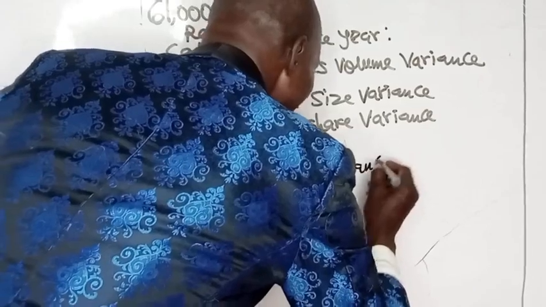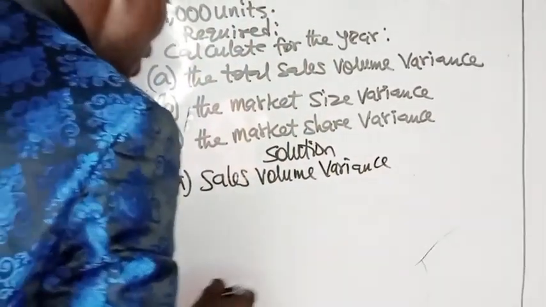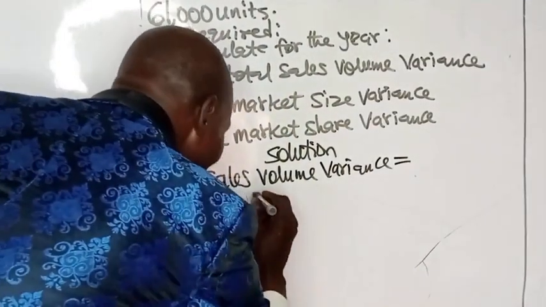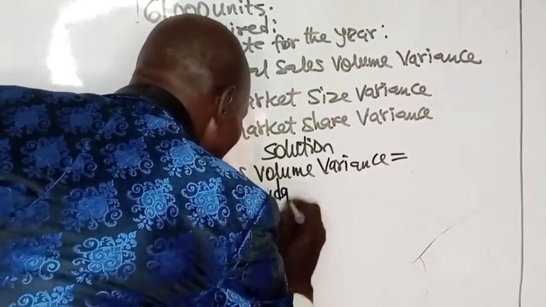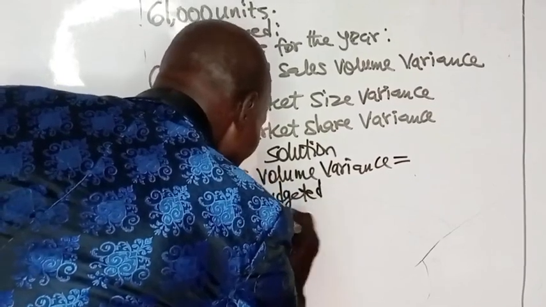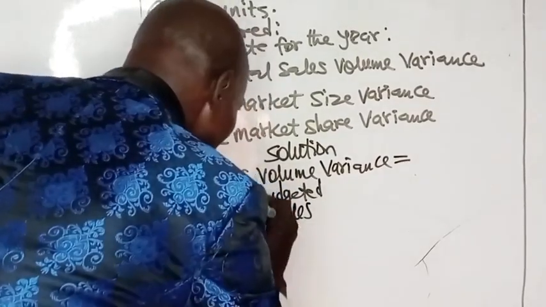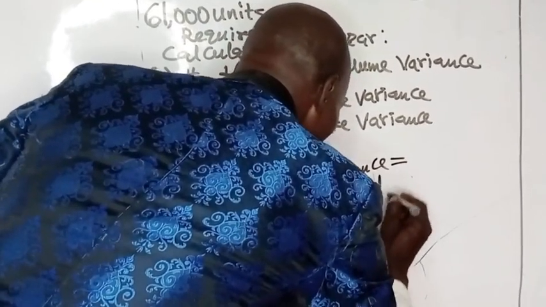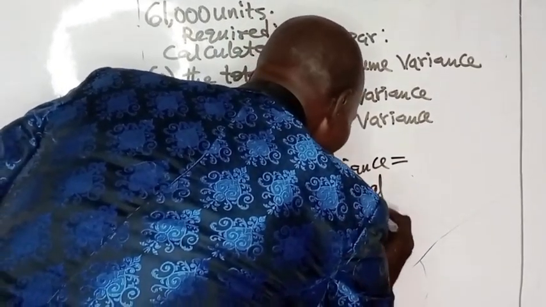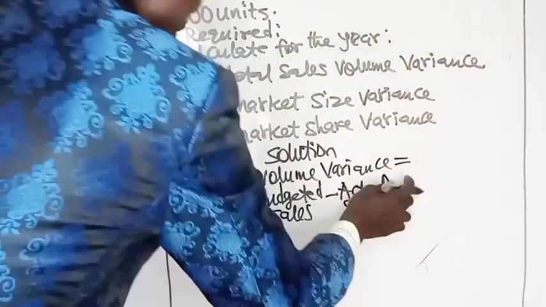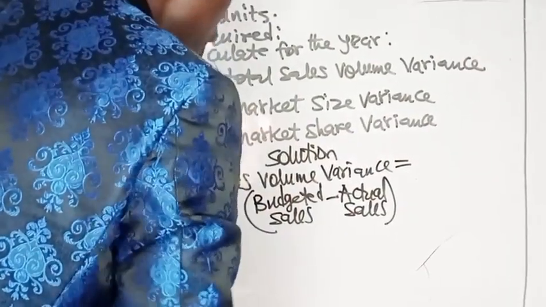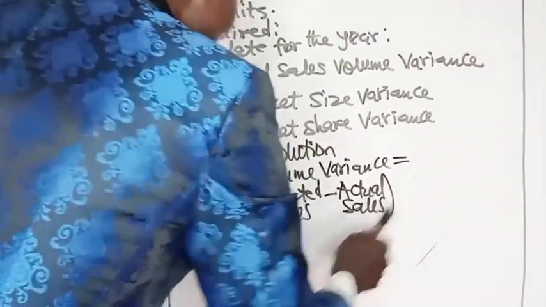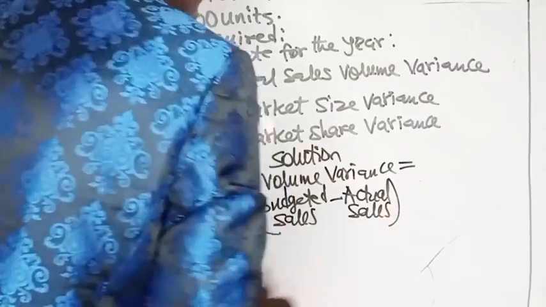Remember, if you have watched my earlier lecture on sales variances, I told you that sales volume variance is budgeted sales volume minus actual sales volume, multiplied by standard profit for the absorption costing school of thought, but standard contribution for the marginal costing school of thought.